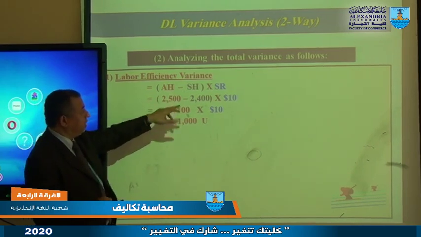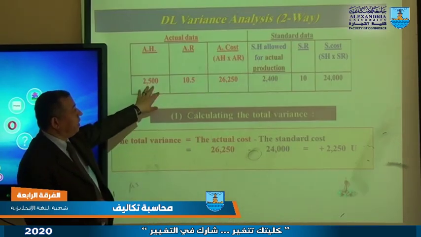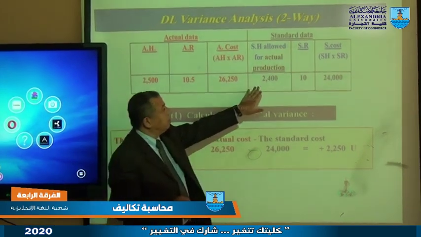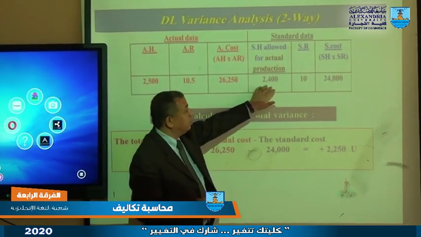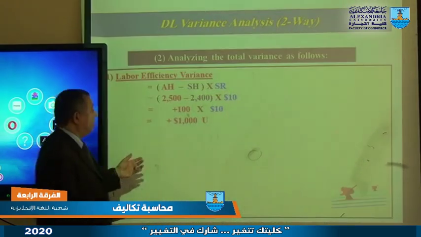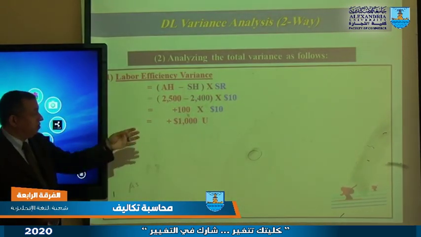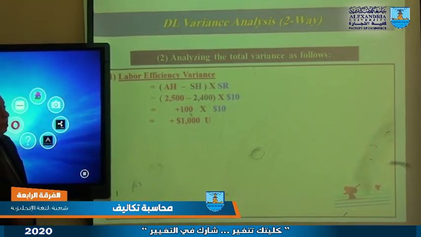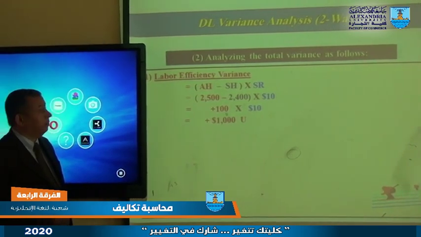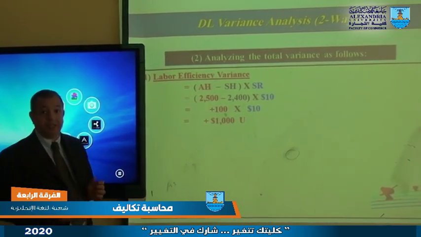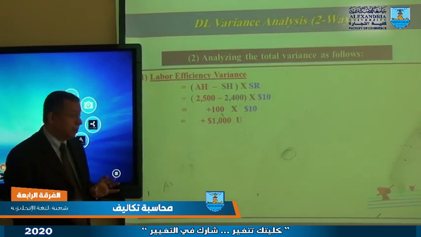Here I have the amounts. Don't forget, these are my amounts from my table. Actual hours, standard hours times standard rate. This is my amount: positive 1,000, unfavorable. What is the second reason? Don't forget, the first one is efficiency. The second is rate.